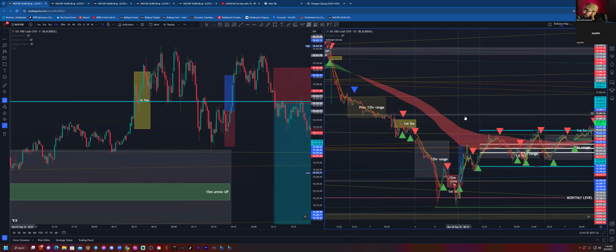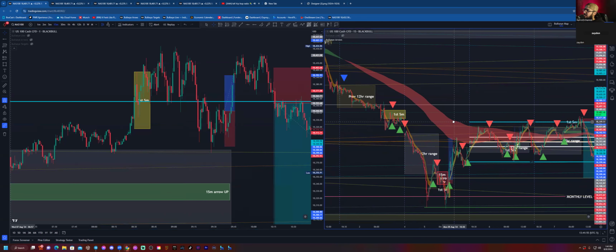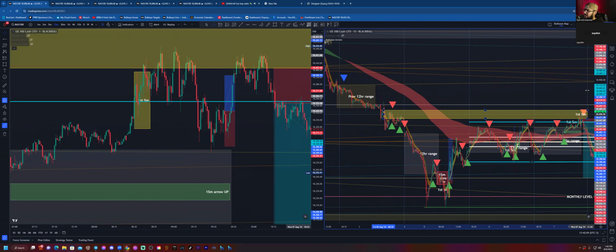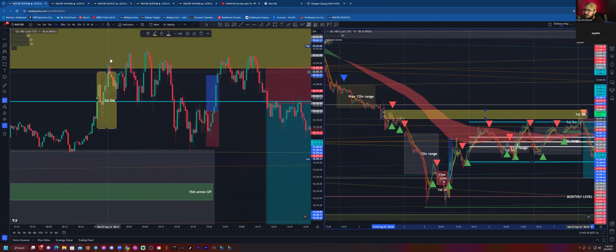Well, if we look, you would see that the Friday prior gave us this first 5-minute range. That's why I keep those up there. I want to see if it's going to react. And you can see that it's reacting heavily, rejecting. It touched it once, 2, 3, 4, 5, 6 times and rejected.